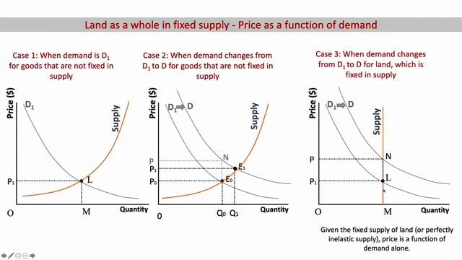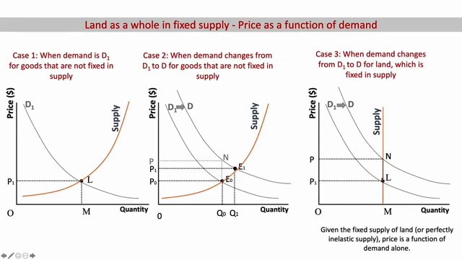We understand that the mass of land on Earth is fixed. So if we assume that we have M quantity of land available on the planet, the supply is fixed, and irrespective of the change in demand, the supply doesn't change. And therefore, the price on the y-axis is solely determined by the demand graph.